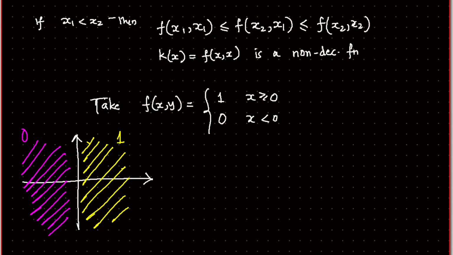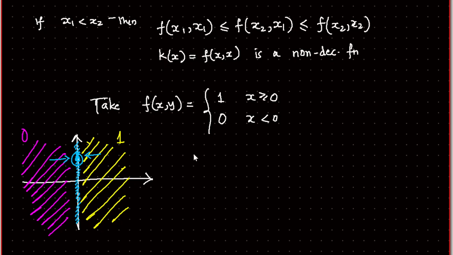Now observe that every point on the y-axis is a point of discontinuity, right? Because if you take a random point here and approach from the right hand side, the limit will be 1, and if you approach from the left hand side, the limit will be 0. In fact, it will have two different directional derivatives. So what does that mean?